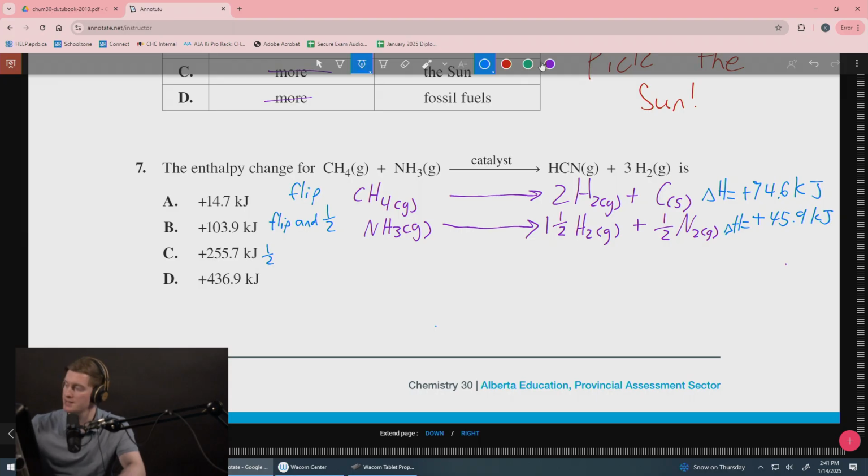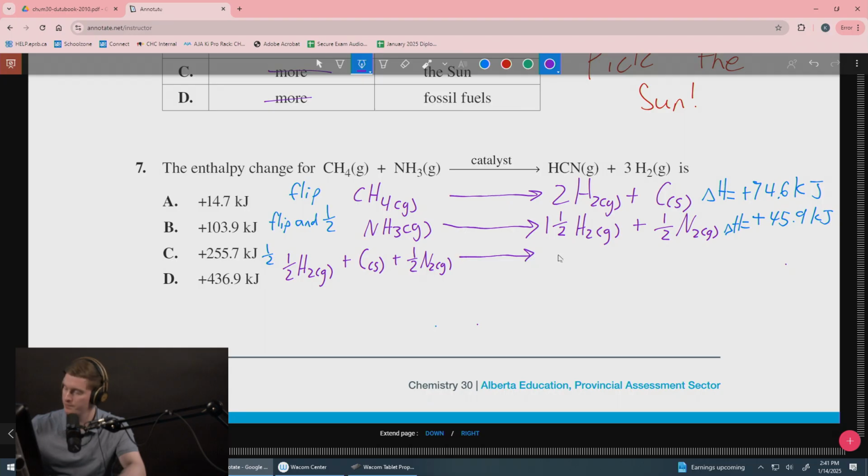So I'll take the same equation, but the coefficients have all been halved. So now I have half a mole of hydrogen gas plus, I had 2 moles of carbon solid in the equation on the top, now I'm just going to have 1 mole of carbon plus half a mole of nitrogen gas. There was 1 mole of nitrogen gas.